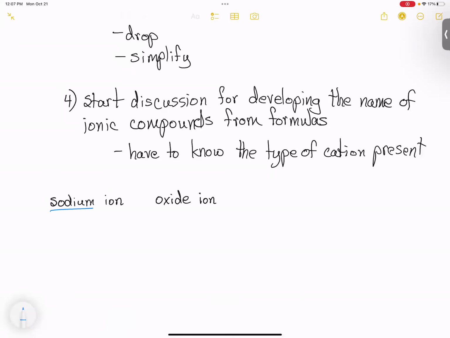And I'm going, okay, so what charge does the sodium possess? Well, you look at the periodic table. And what charge does a sodium possess? +1, because it is in group 1. So that is Na+.